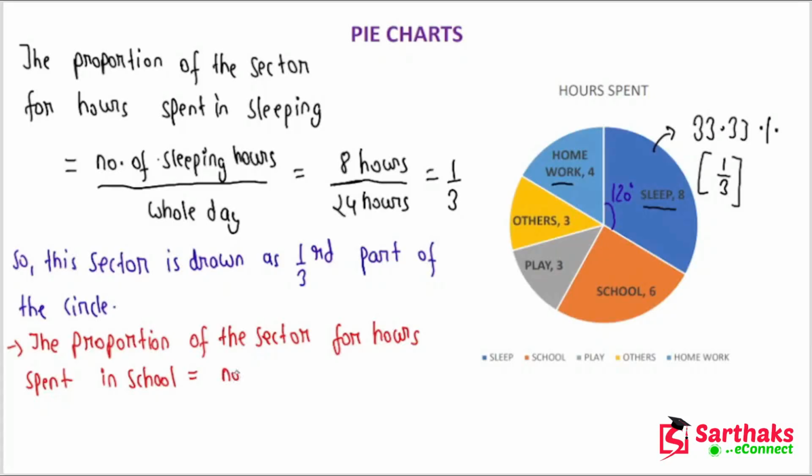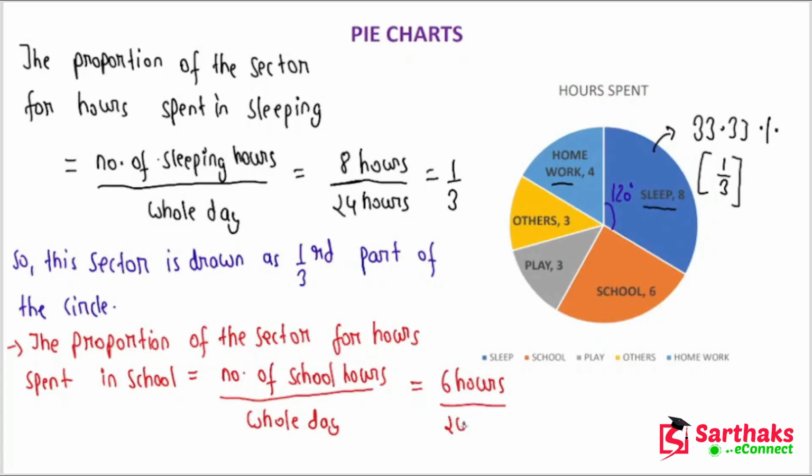It is equal to the number of school hours, which are actually 6, upon the whole day, or you can write the total number of hours. So doing this calculation, we get 6 hours upon 24 hours. Now 6 upon 24 would be 1 upon 4.